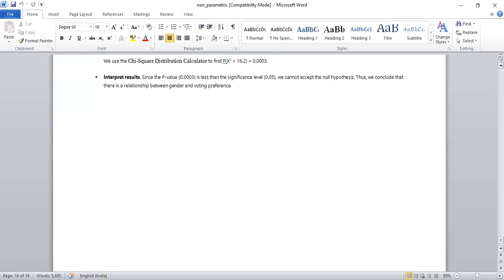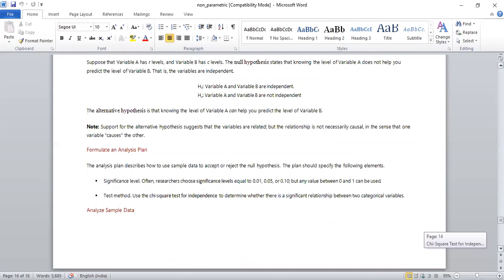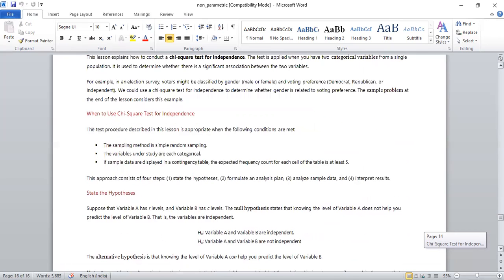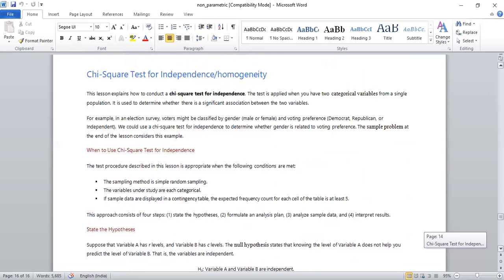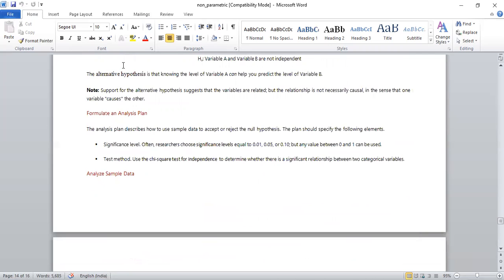So what does it actually mean? It means that the alternative hypothesis is that knowing the level of variable A can help you predict the level of variable B. That means if you know the level of the variable gender, there are 2 levels, male and female, it will help you predict the level of variable B, that is, Republican, Democrat and Independent of the variable voting preference.